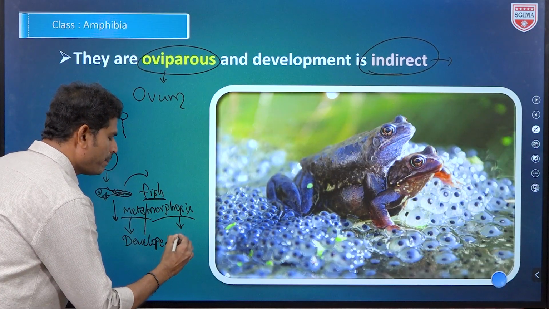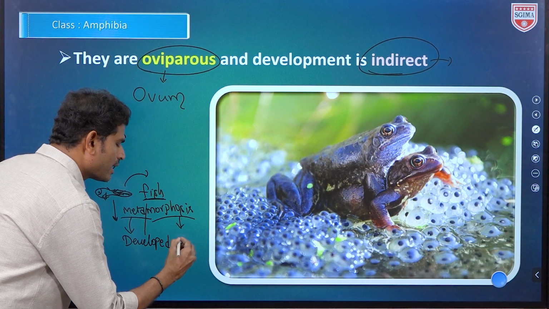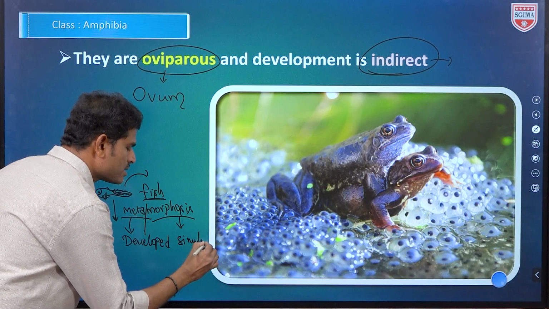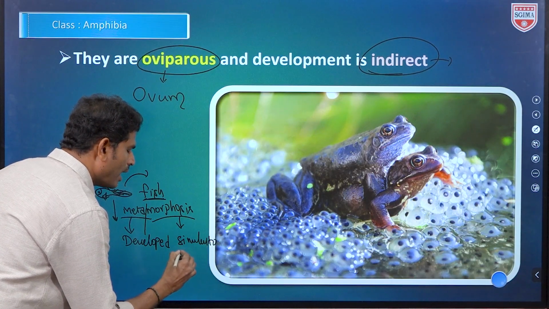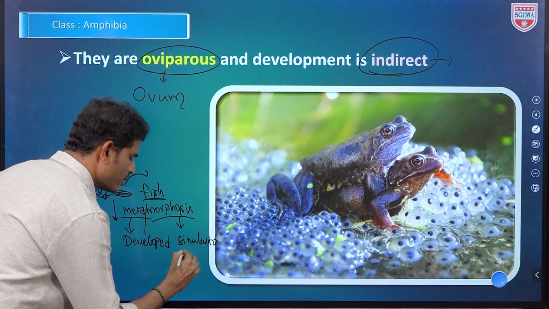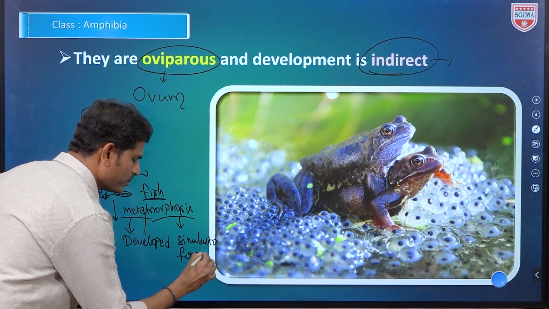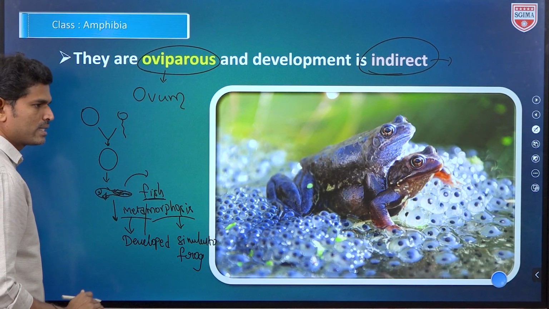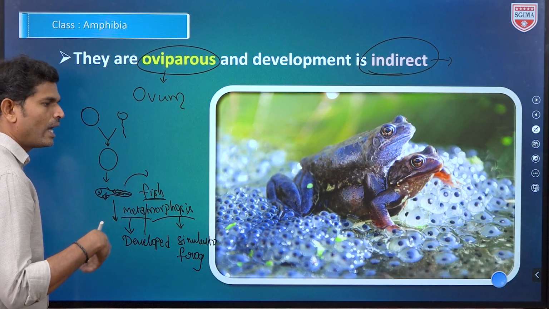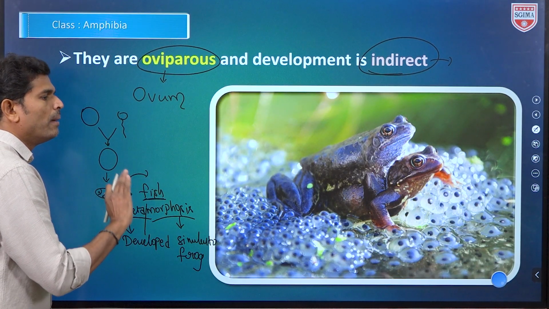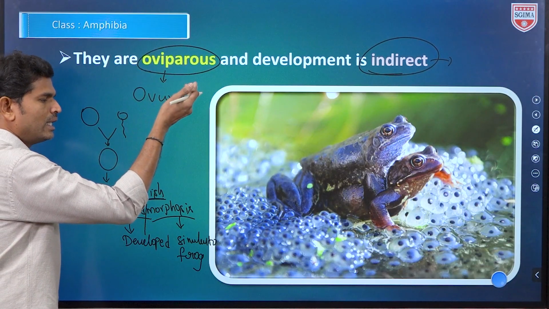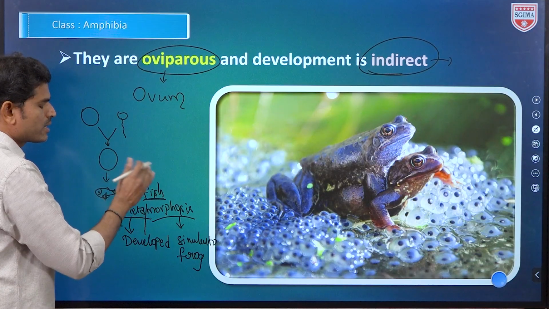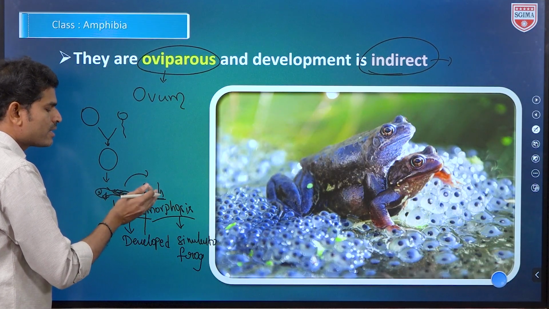So they develop and become externally similar to their adults or their species, similar to frog. Until then this is not similar to frog. So that is the meaning of metamorphosis. It means they undergo this process and become morphologically similar to their own species adults. Until then they are similar to another species, meaning fishes.